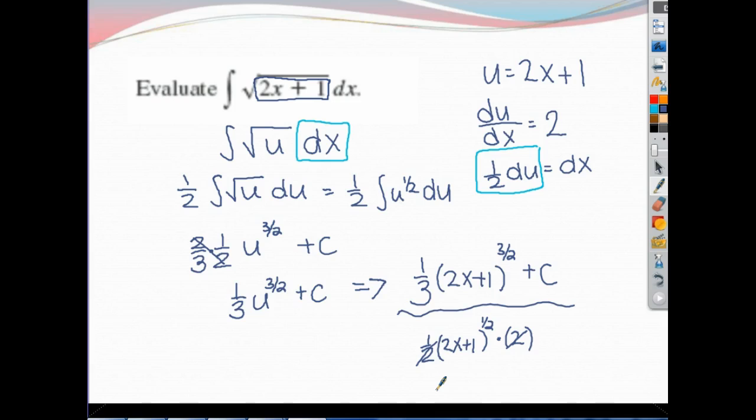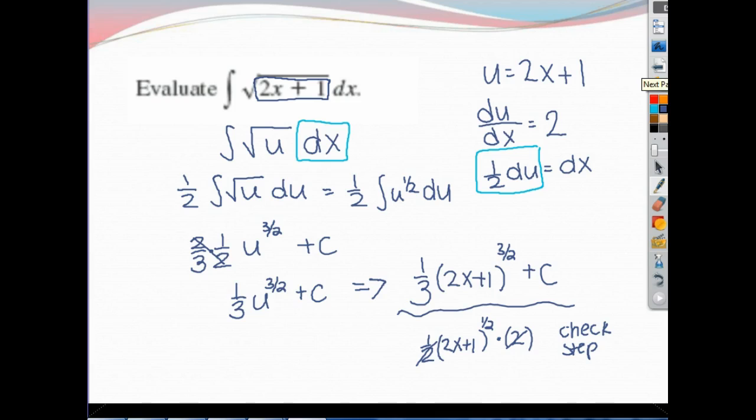So did I get 2x plus 1 underneath the radical? You see how the derivative of your antiderivative is the original function you started with? So again, all I did was the check step. I checked what I did. Let's do another one.